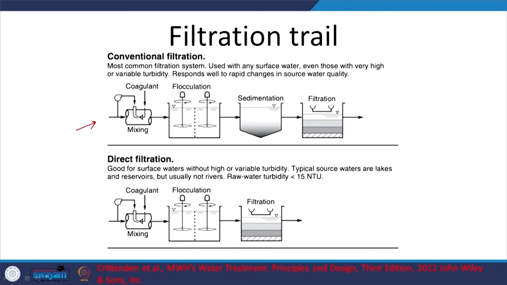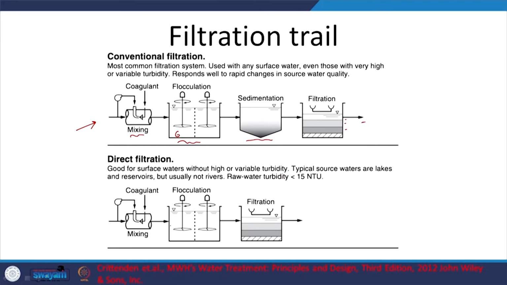When the turbidity is high, and it will vary, we know that we are going to add a coagulant so that we destabilize it, and then we create mixing conditions with respect to the G, so that your particles flocculate, and then you let them settle down, and then I am going to send the water through. So, here we have a multiple media filter, and then the filtered water is what we are using. This is the conventional one.